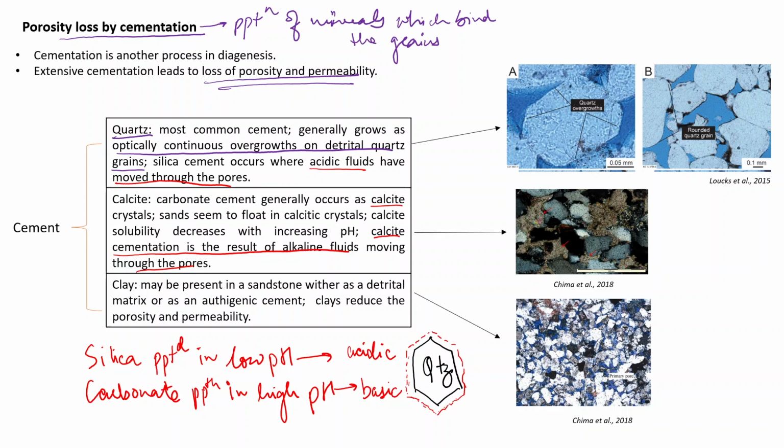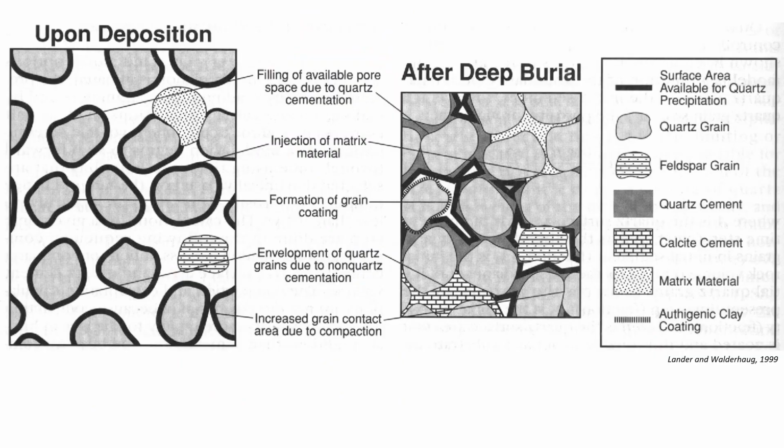So the clay minerals may be present in sandstones as detrital grains, or as authigenic cement. And clays always reduce the porosity and permeability because of their very fine texture and the ability to compact and have cohesion amongst themselves.